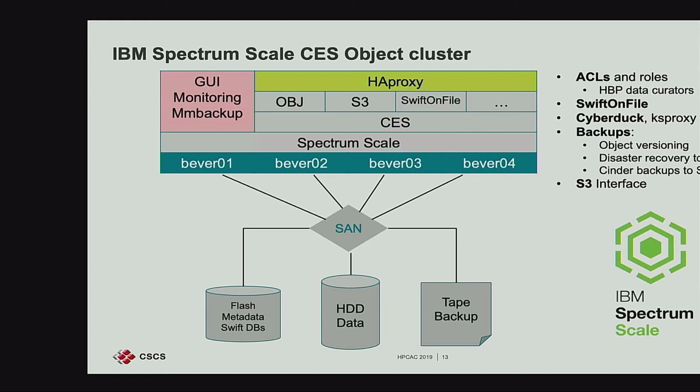So in a way, we are doing something like multi-tenancy on top of our object storage. And we've also been developing some tools to integrate CyberDuck, which is a graphical client for accessing the object storage, and to make it work with single sign-on and SAML.